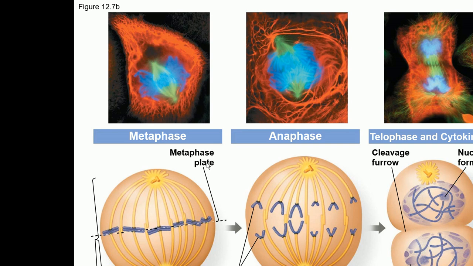Every duplicated chromosome has 2 sister chromatids, and in the anaphase it is the separation of the sister chromatids. So 46 sister chromatids go this side and 46 chromatids go this side.